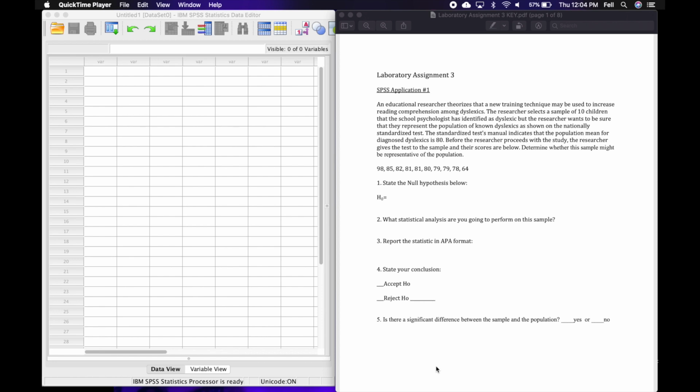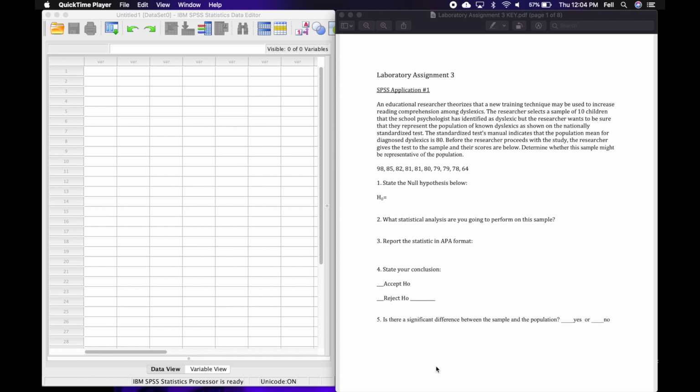The researcher selects a sample of 10 children that the school psychologist has identified as dyslexic, but the researcher wants to be sure that they represent the population of known dyslexic as shown on the nationally standardized test.